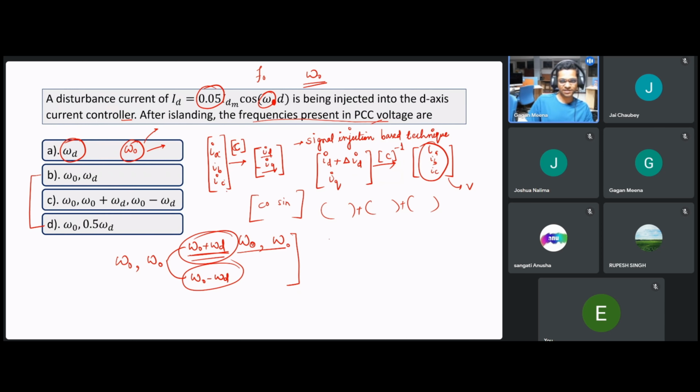Because of that, you will have cos plus cos and sine plus sine terms. When you combine these, you will get the omega naught plus omega d and omega naught minus omega d terms. That is why we are getting these components.